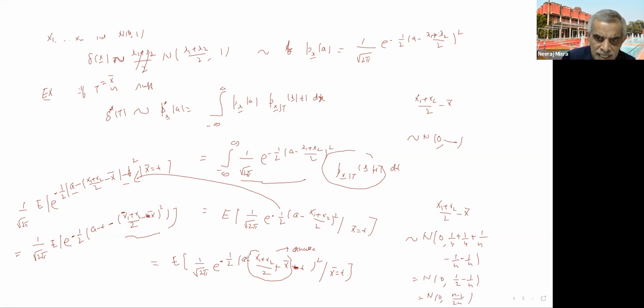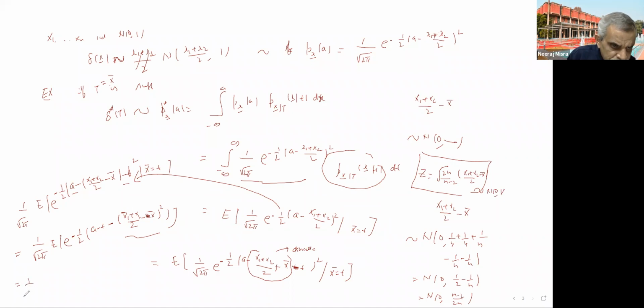So what I do is I define z, which is root 2n upon n minus 2 times x1 plus x2 by 2 minus x bar. This would have a normal 0, 1 distribution, right? That I know. So I put that value over here.